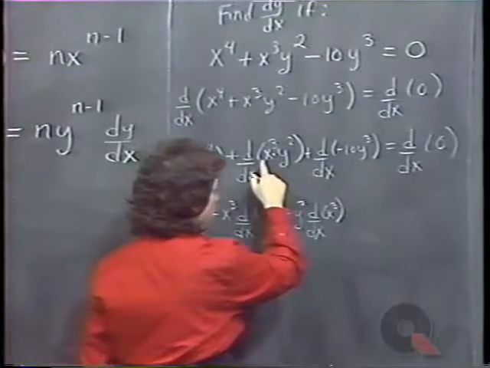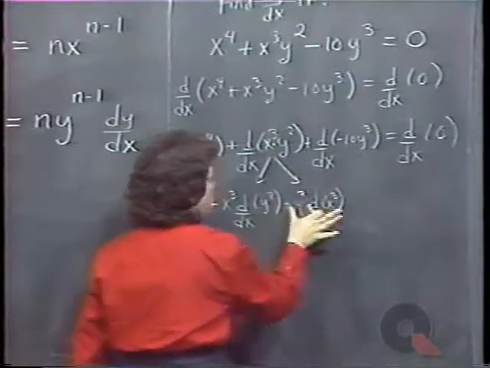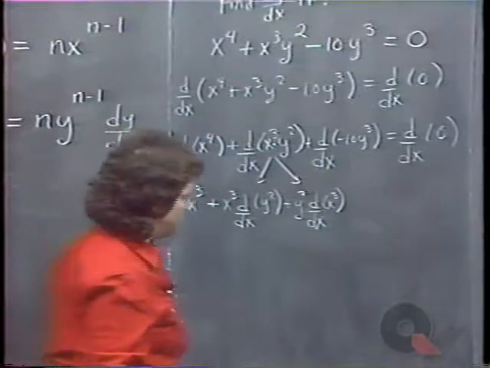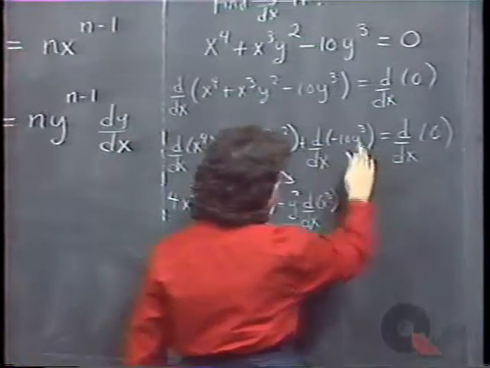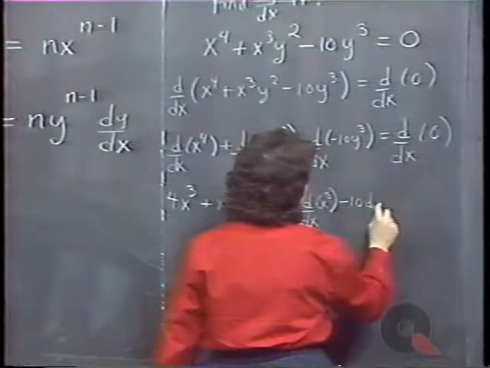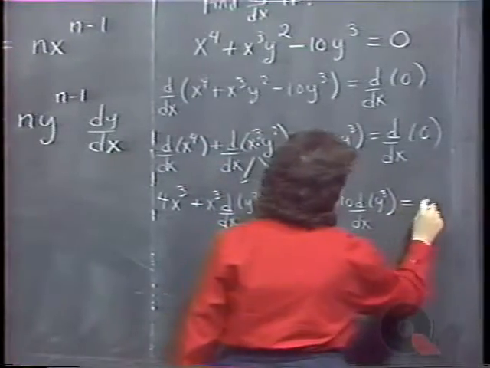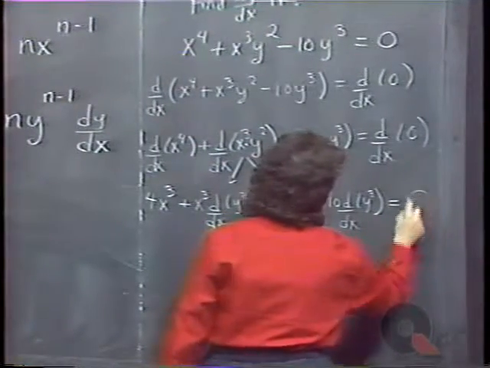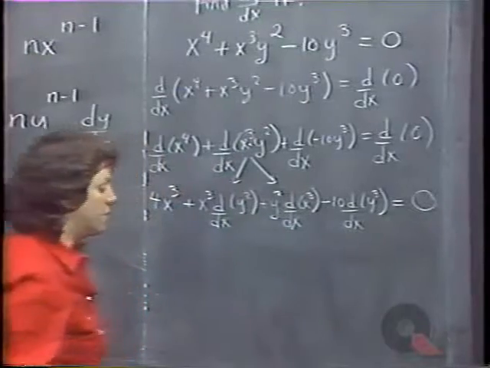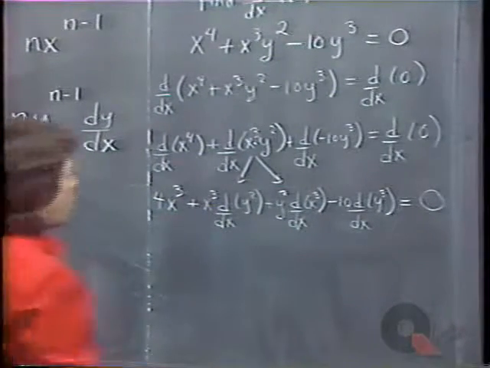In other words, the derivative of x cubed y squared appears in two terms here. The derivative of minus 10y cubed, let's pull the minus 10 out in front: minus 10 times the derivative of y cubed with respect to x equals the derivative of 0, which is just 0. The derivative of a constant is just 0.